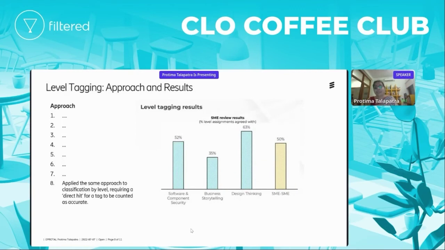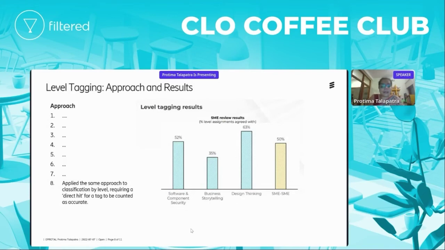And then came the next interesting bit. Now that we had already tagged the courses to the skills, we asked Filtered, why don't you try the skill levels? Now, this is a more difficult game to achieve. If you look at the slide and the last yellow colored bar, you will see that between the subject matter experts themselves, the SME to SME ratio of agreement lies at about 50%.